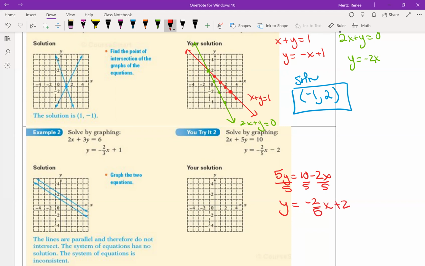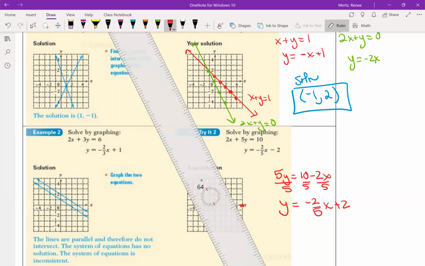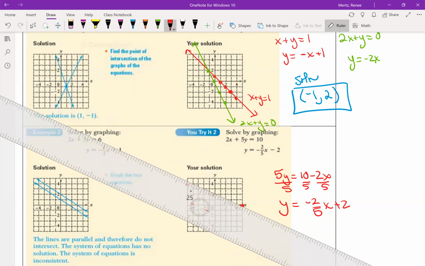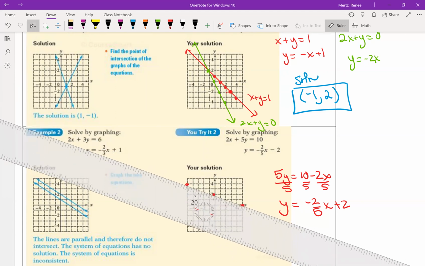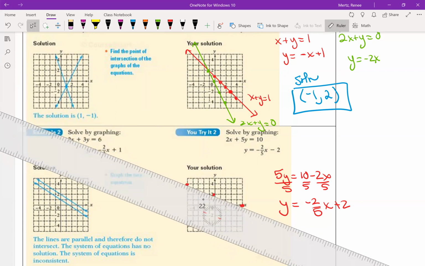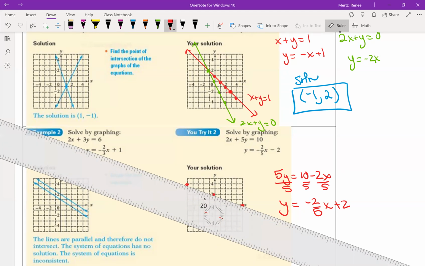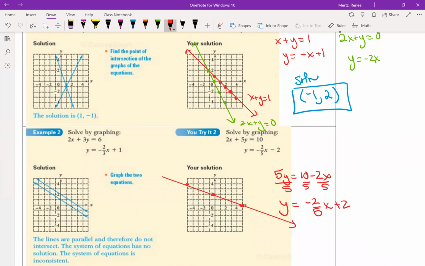So I have y equals negative 2/5 x plus 2. Down 2, right 5, up 2, back 5. I'll label this one with the original, 2x plus 5y equals 10. As you see, they have the same slope.